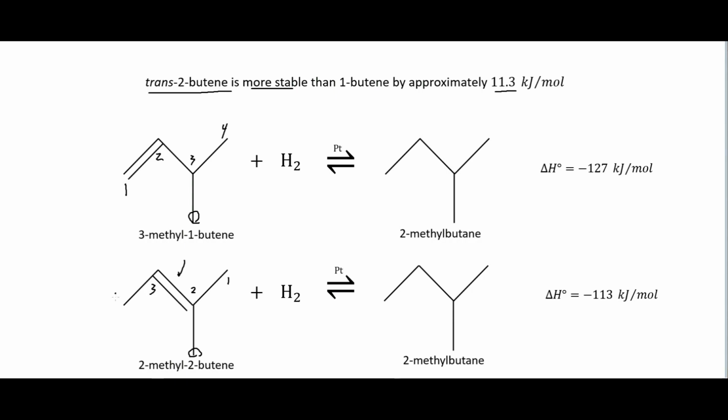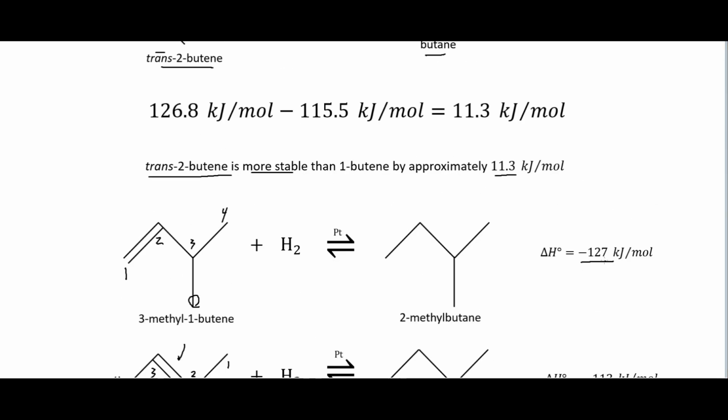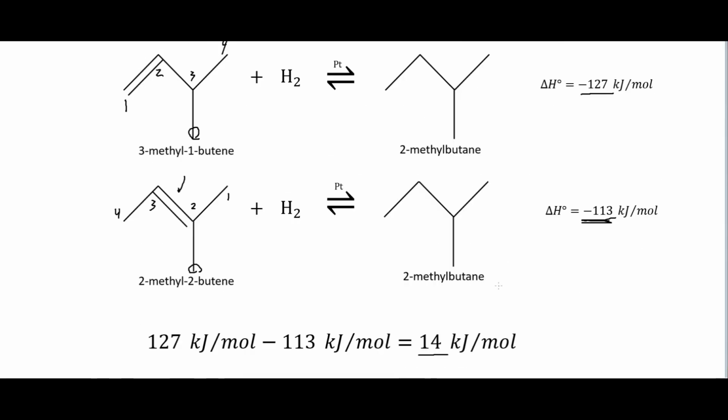And that is why the naming is that way. But we're performing the same reaction, and now we see that this here is negative 127 kilojoules per mole. This is negative 113. So this one is the more stable double bond than the other one. And it's more stable by 14 kilojoules per mole, so by even more than this one right here.